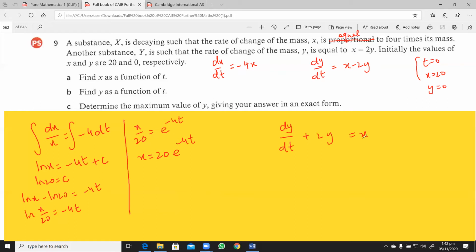Can I change this x with 20 e raised to power minus 4t? Yes, because we have got this x over here. So this becomes dy by dt plus 2y is equal to 20 e raised to power minus 4t.